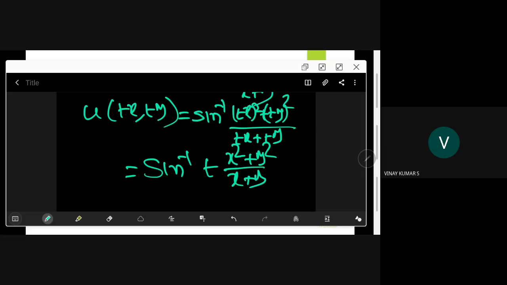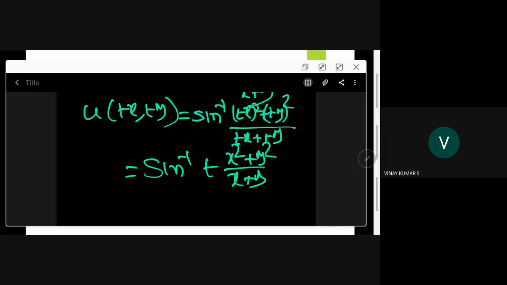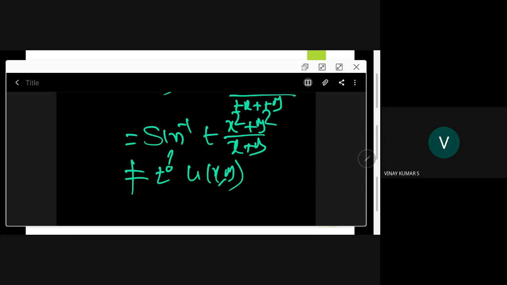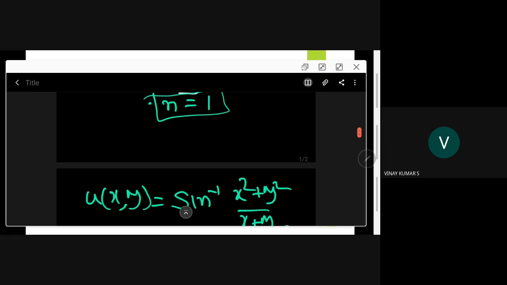But this is not equal to t power something into u of x, y. That is the problem here. You cannot pull out that t. So u is not homogeneous. That's what I'm saying. U is not homogeneous.